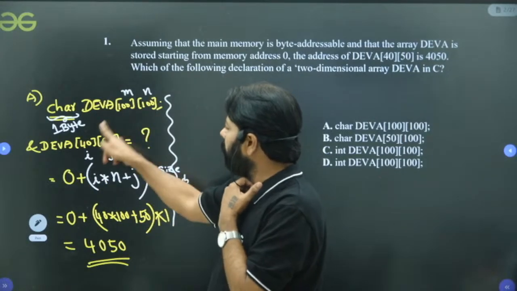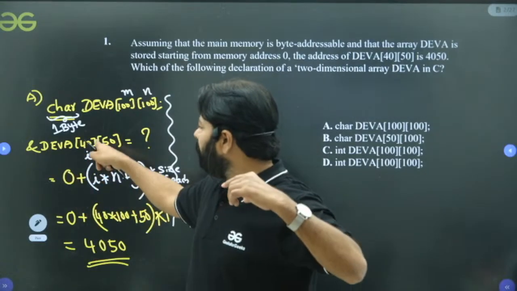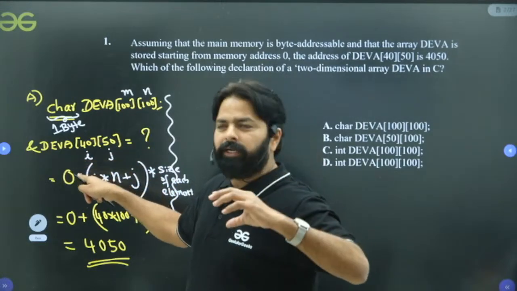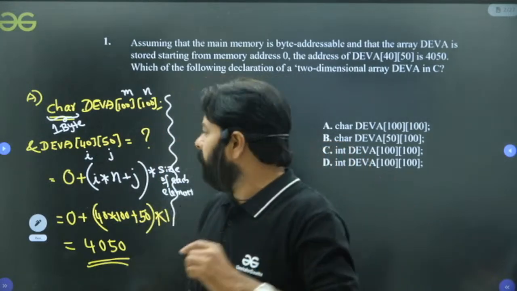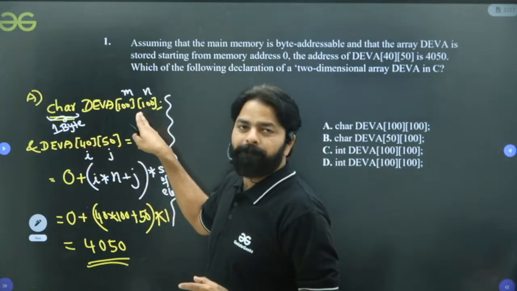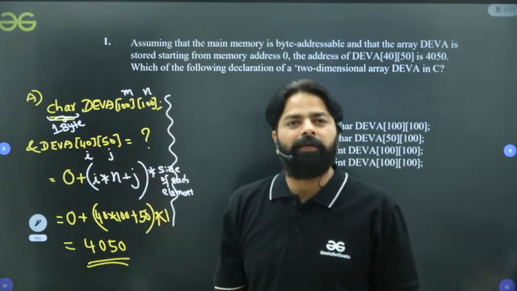40 into 100, you have to do this. There are 40 rows before row 40, 0 to 39, and each row has 100 elements. So you need to multiply this 40 with 100. So both are very important. You should not multiply these two, 40 with 50.